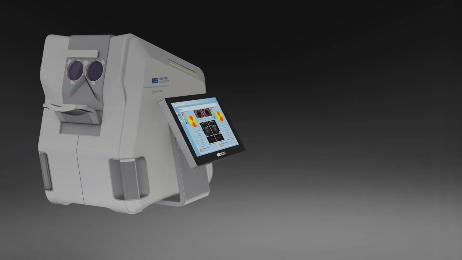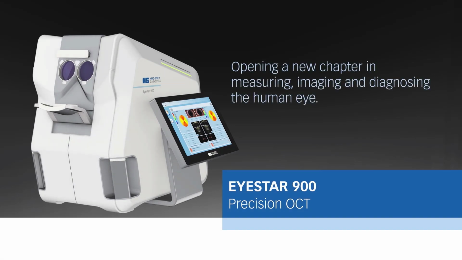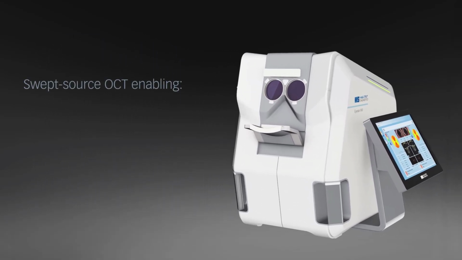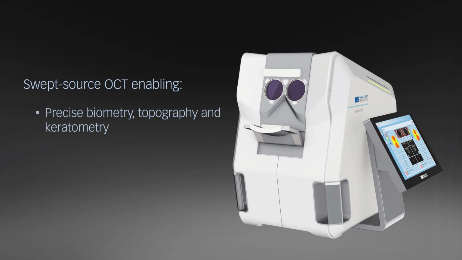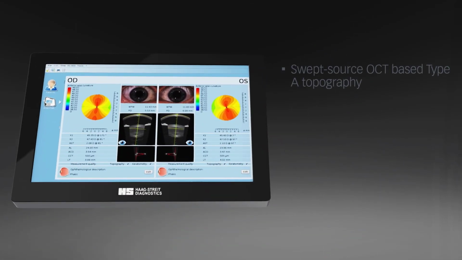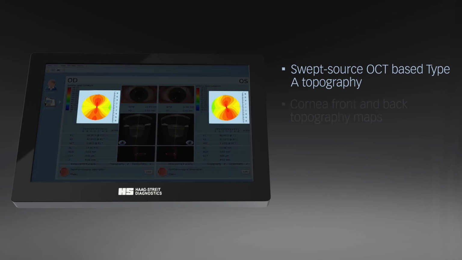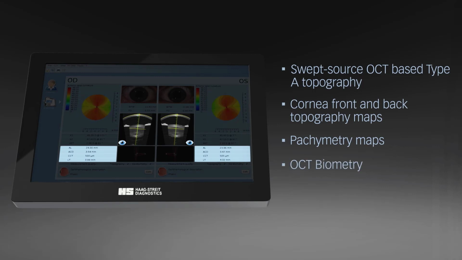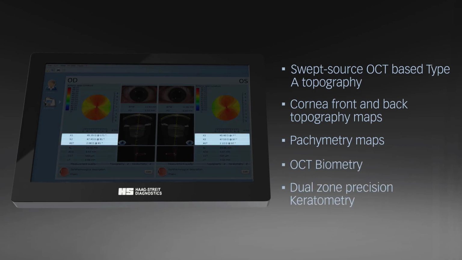With the Eyestar 900, Haag-Streit is opening a new chapter in measuring, imaging, and diagnosing the human eye. The Eyestar 900 features all Swept Source OCT technology for precise biometry, topography, and keratometry, excellent planning and diagnosis, and detail-rich visualization. The Eyestar 900 Swept Source OCT with a patented scan pattern features type A topography of the corneal front and back surface, pachymetry maps, OCT biometry, and dual-zone precision keratometry.